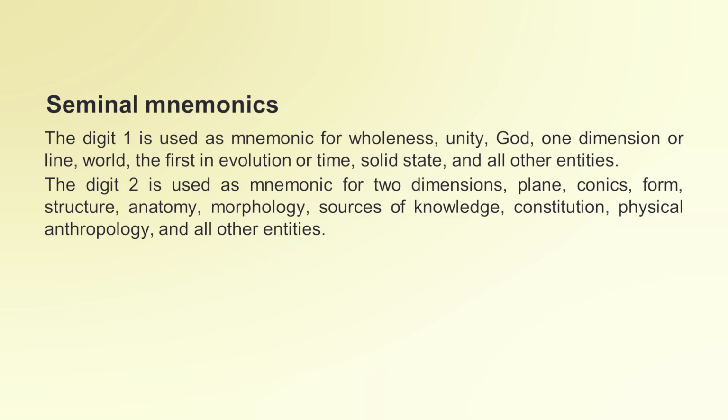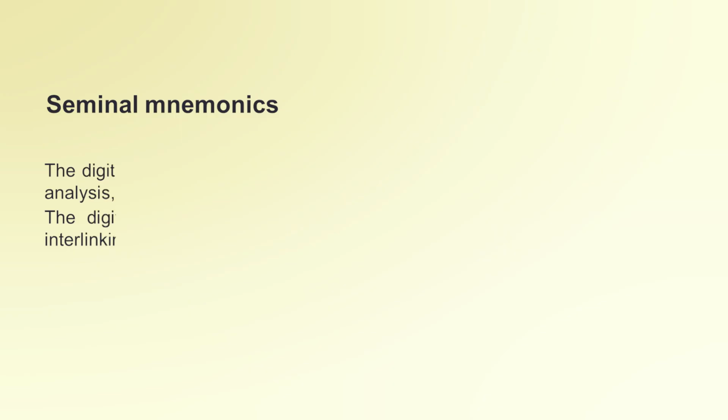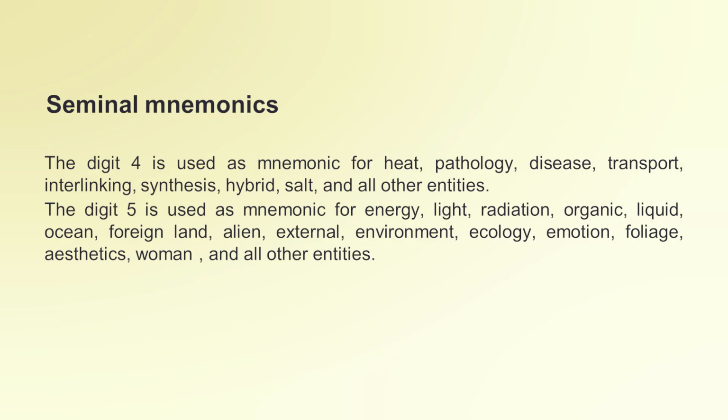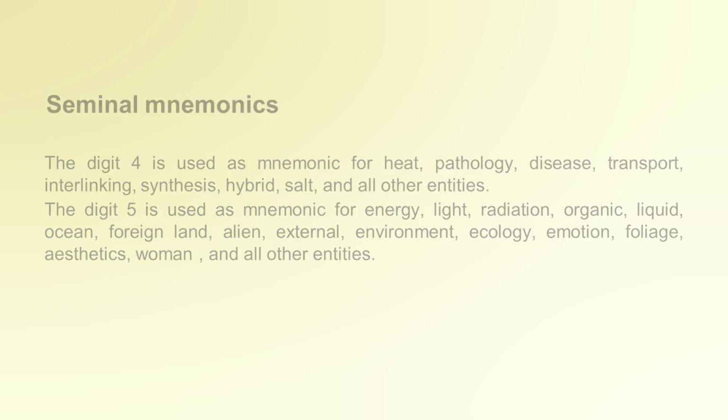In the similar way, Ranganathan prescribed that digit 2 is used in certain cases, maybe in dimensions, plane, conics, form, structure, etc. Digit 3 is used as mnemonic for 3 dimensions, cubics, function, analysis. Again, digit 4 may be used as mnemonic for heat, pathology, disease, transport, and so on.